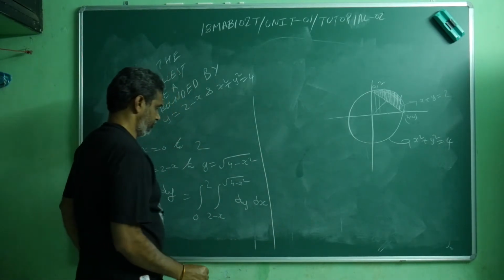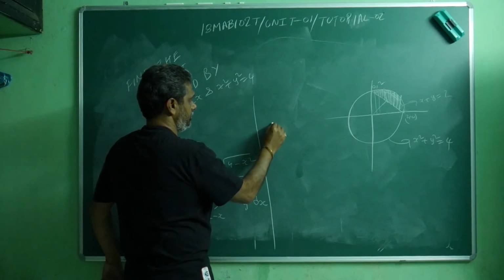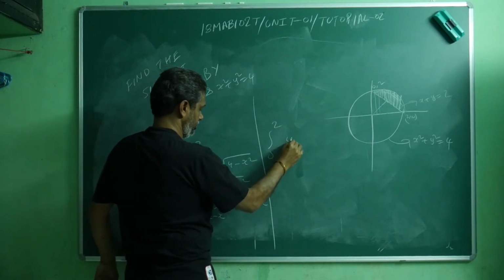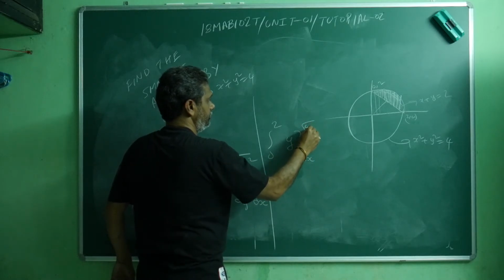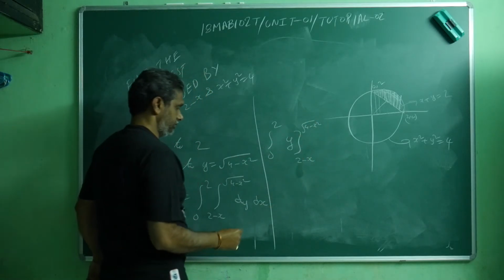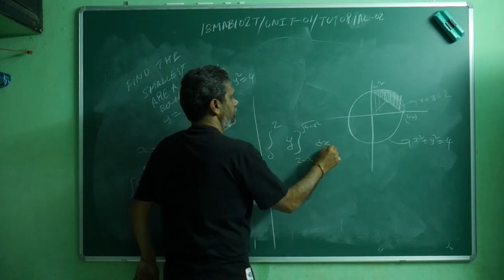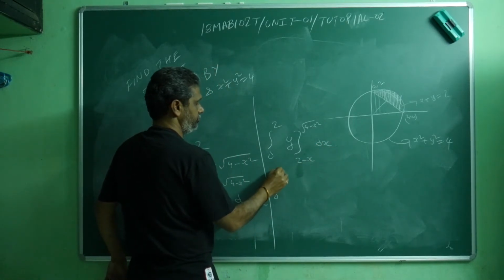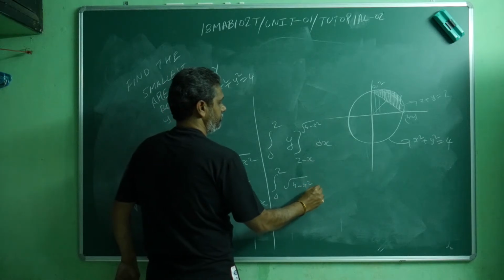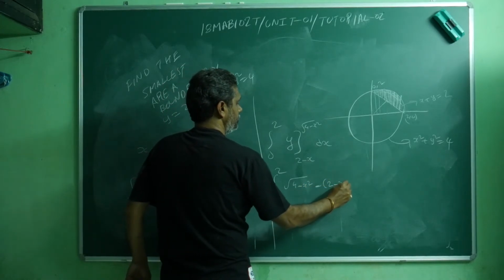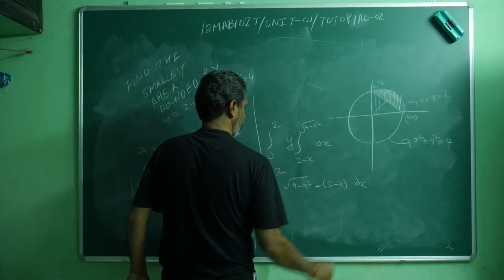Now integrate, what will you get? Integral 0 to 2 of y from 2 minus x to root of 4 minus x square, dx. So 0 to 2, this part: root of 4 minus x square minus of 2 minus x, dx.